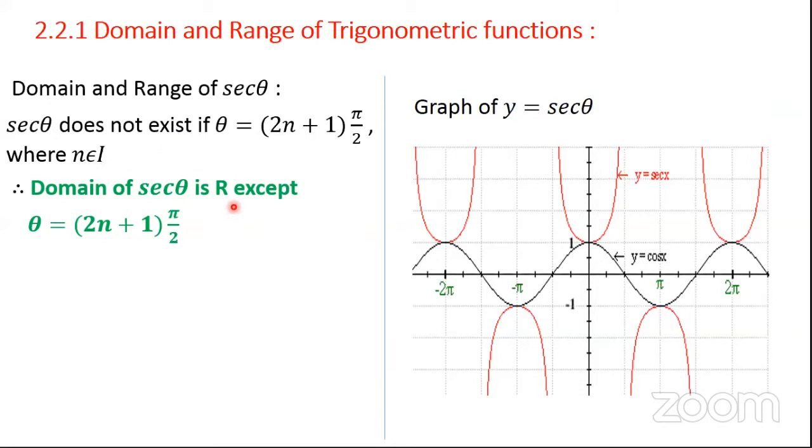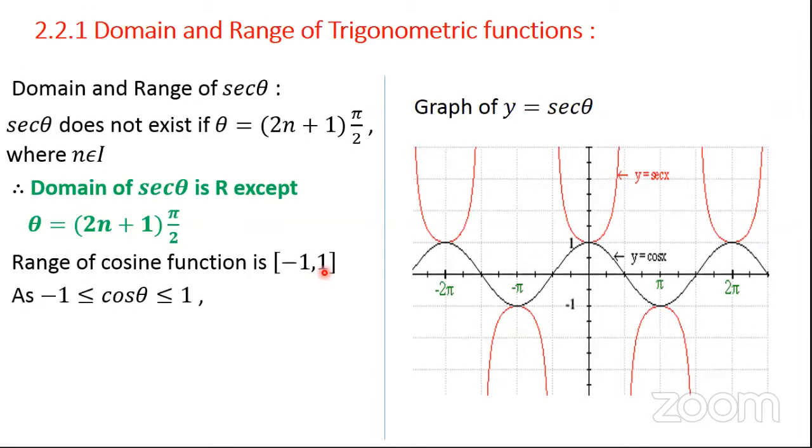Now see the range. For the range of sec, we will start with the range of the cosine function. The range of the cosine function is -1 to +1. That means cos x lies between -1 and +1. Since cos lies between -1 and +1 and sec theta means 1 upon cos theta, sec theta has values either greater than or equal to +1 or less than or equal to -1.